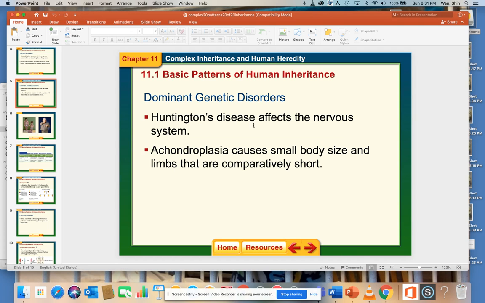Those individuals that have Huntington's disease, it affects their nervous system because one of their parents carries that particular gene. And the same thing for achondroplasia as well. Whereas achondroplasia affects a person's size so that they're small relative to their peers and their colleagues.